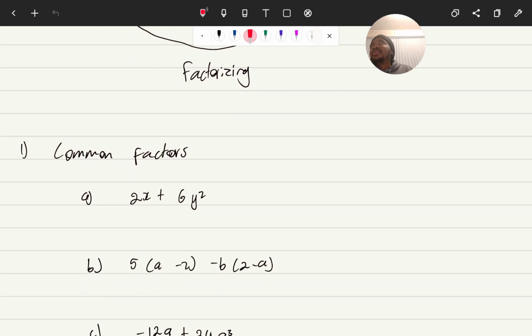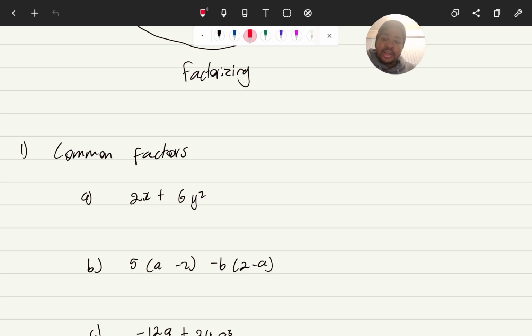There are about 4 or 5 ways of factorizing, or perhaps I could say there are a few things you need to look at when you're factorizing. The first thing, when you see a question that says factorize the following, is you look for common factors. Common factors are numbers that appear in all your terms, or numbers that can divide all your terms.